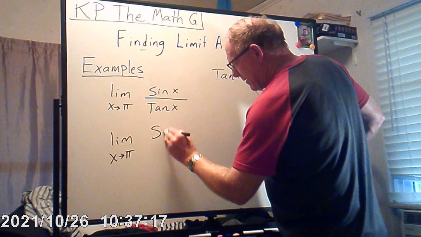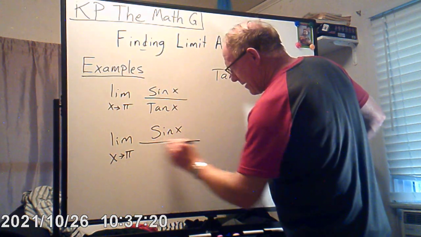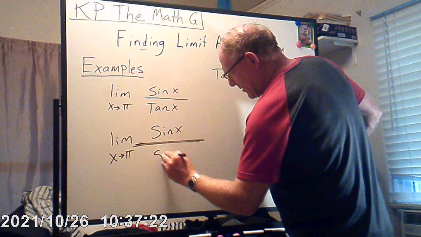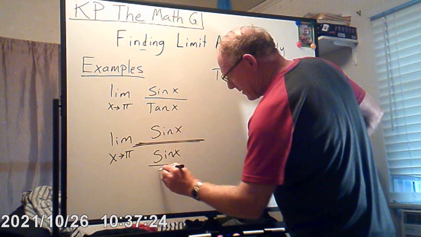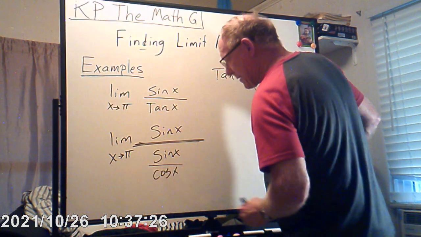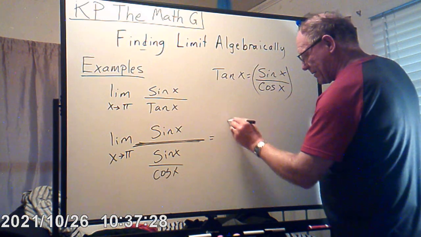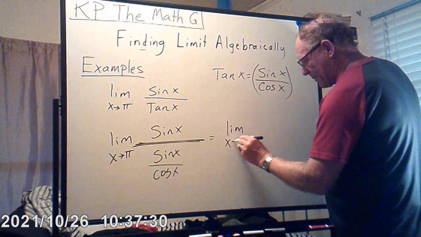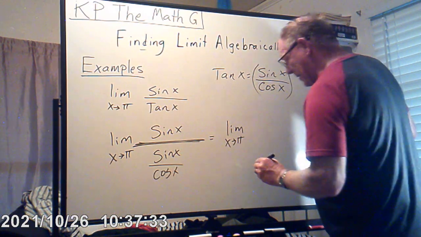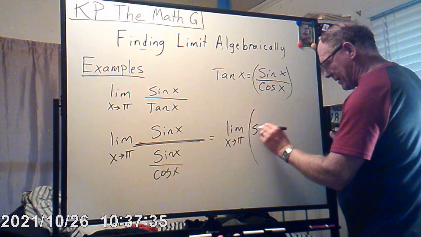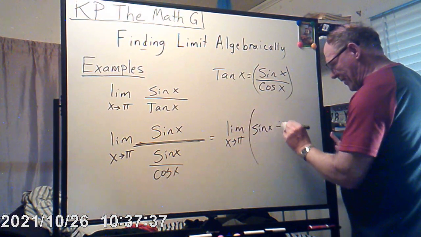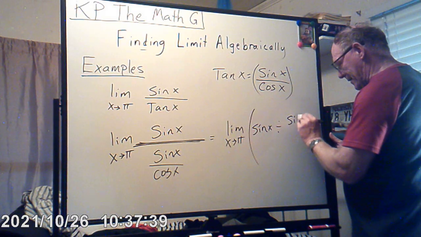So what we have here is sine x divided by sine x over cosine x. This limit as x approaches pi is sine x divided by sine x over cosine x.